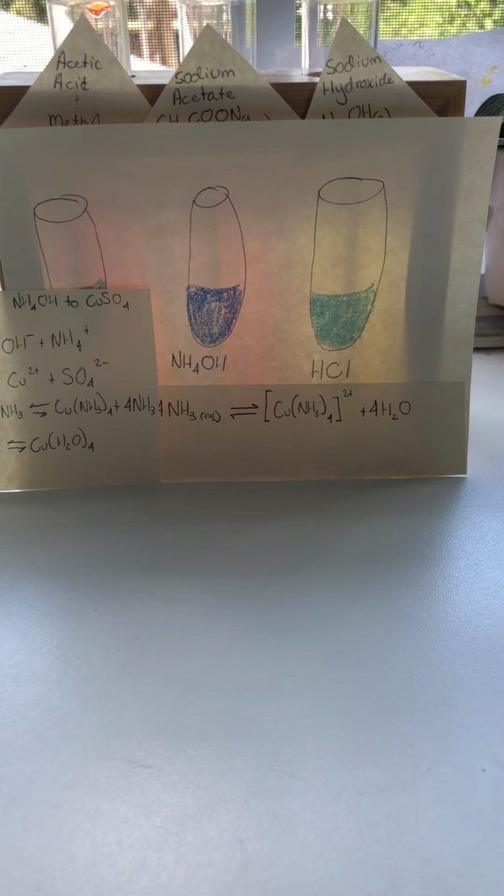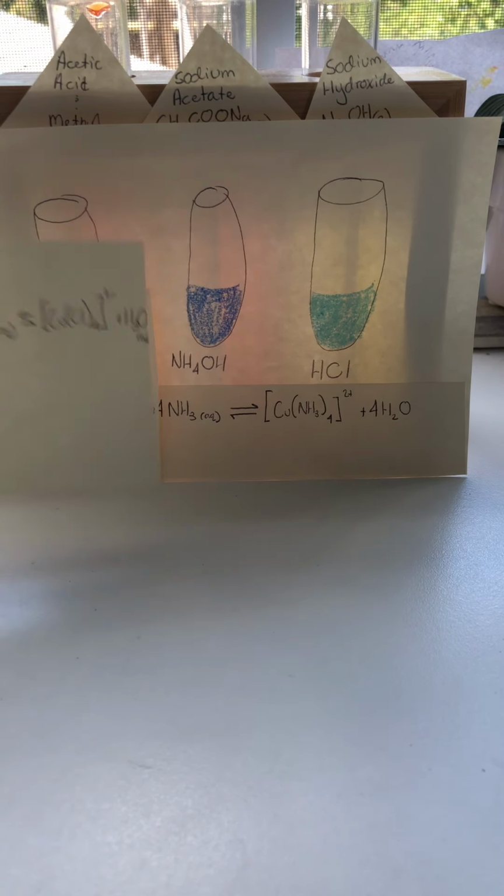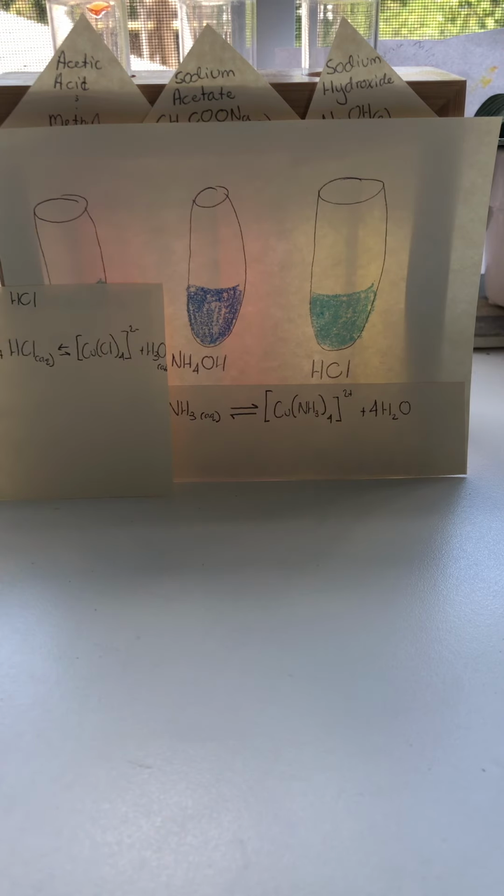Then we would take what we had with the NH4OH, and instead of getting a new test tube like we did in Part B, we would just continue to add to it. So we're taking now this dark blue solution, almost a royal blue color, and then we're adding HCl to it. HCl is a strong acid, hydrochloric acid.